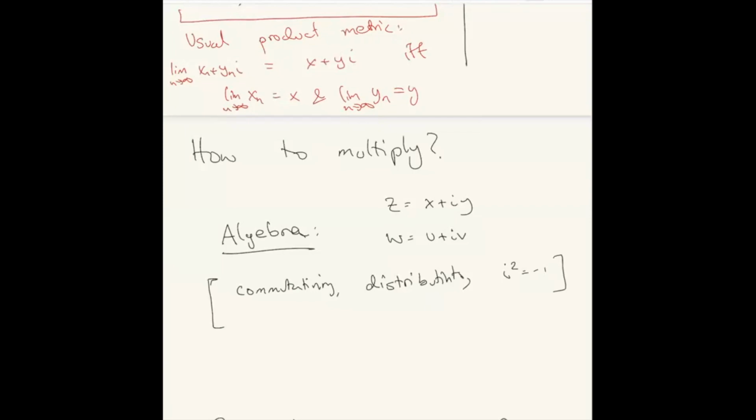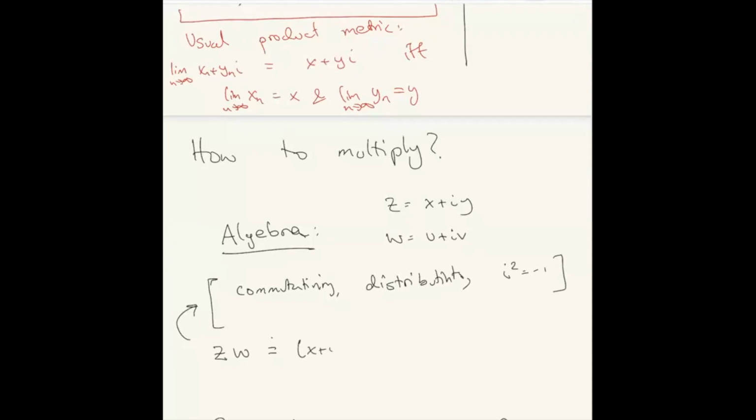If you use these 3 rules, you can always evaluate the product of z and w. Usually this is defined as this, and then these properties are verified, but it's easier to derive using those properties. So what would be z times w?